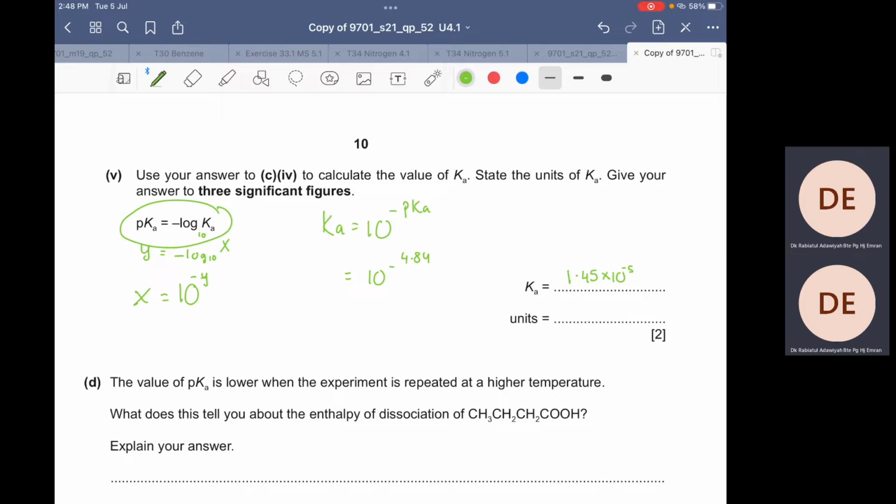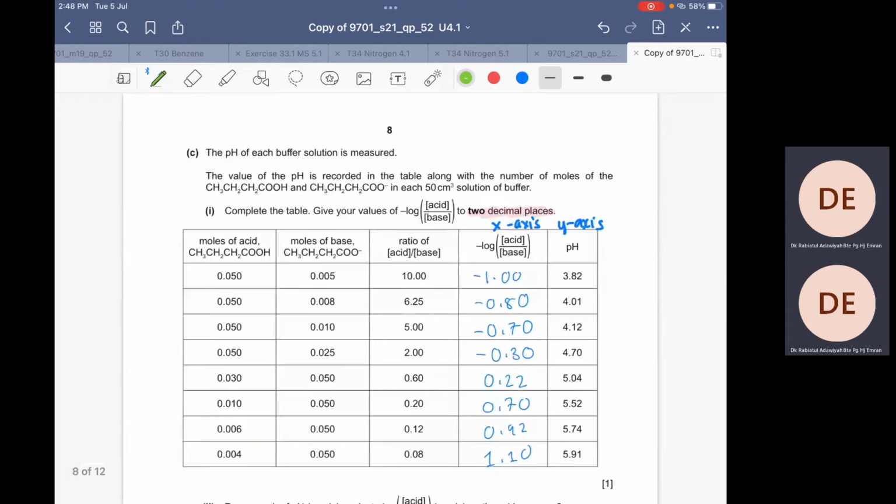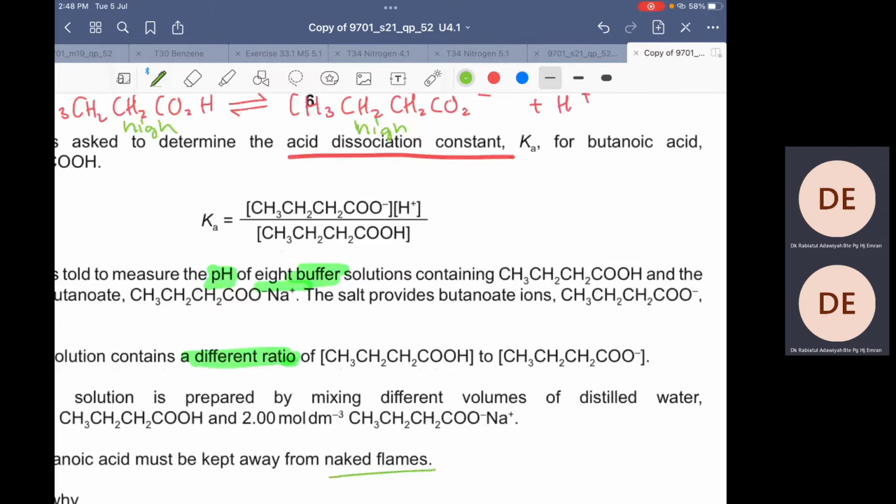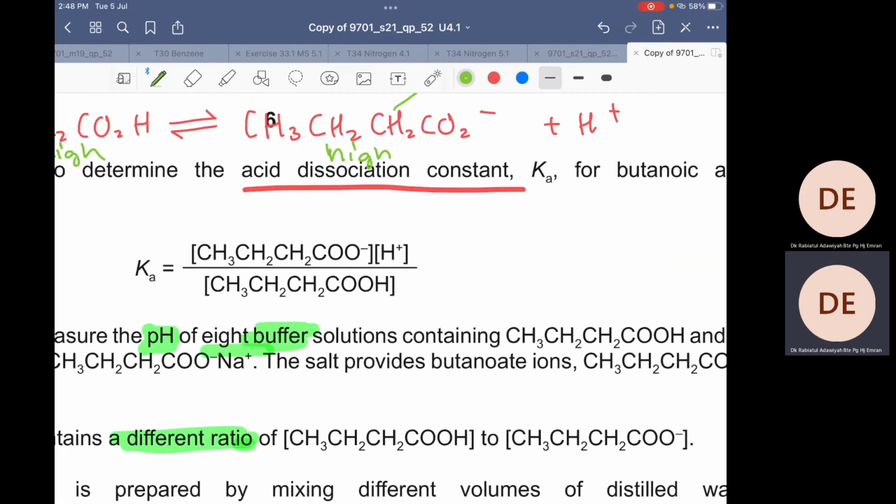Units, how do we find the units? You have to go back to this expression. Ka is equal to, so top, mole per dm cube, over mole per dm cube.